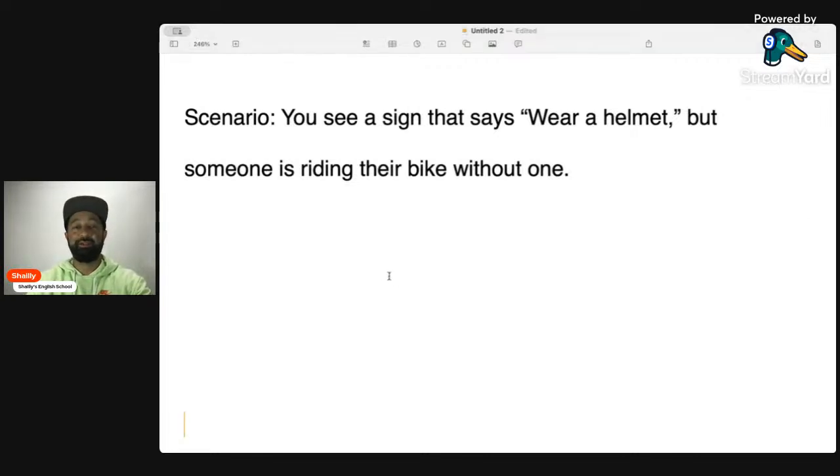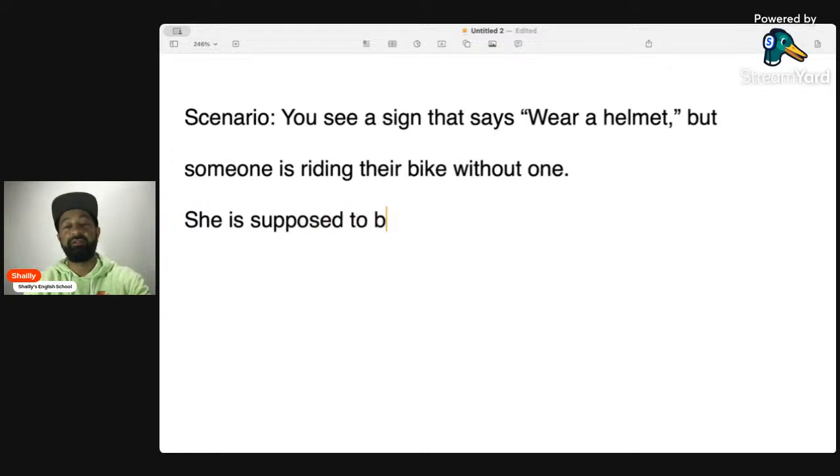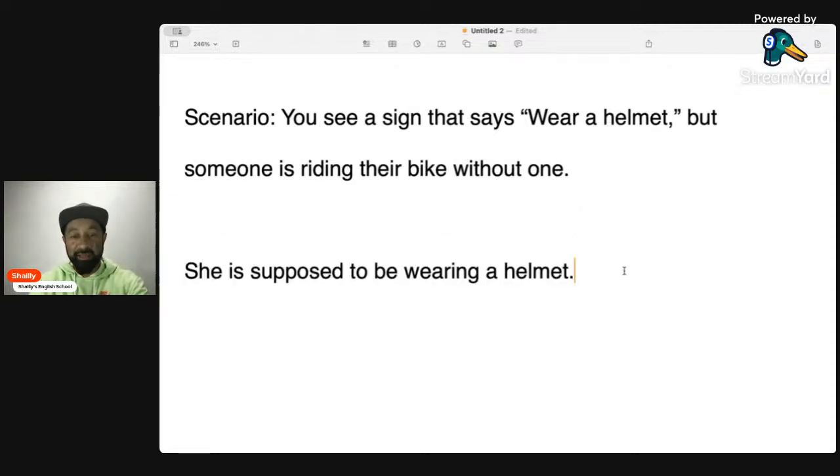All right, so in this situation, she is supposed to be wearing a helmet. All right, what does this mean? This means she is not wearing a helmet.